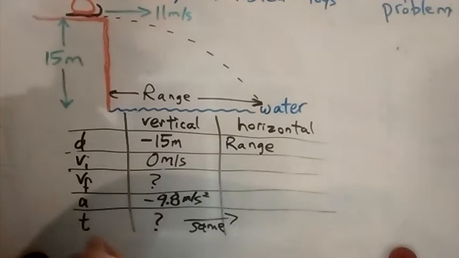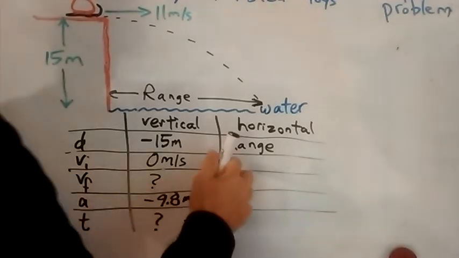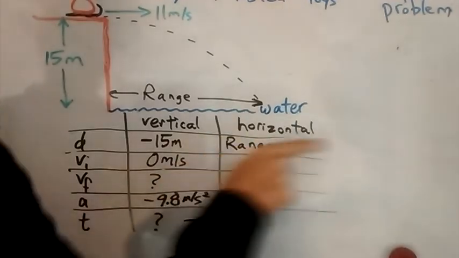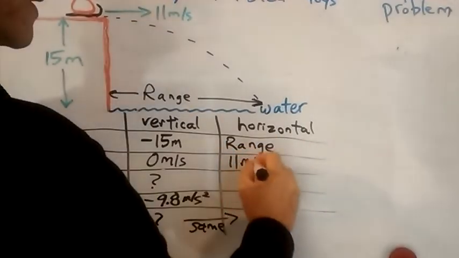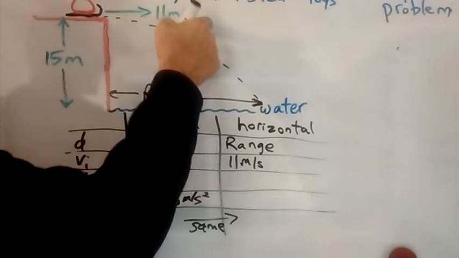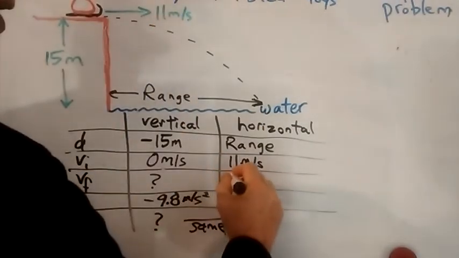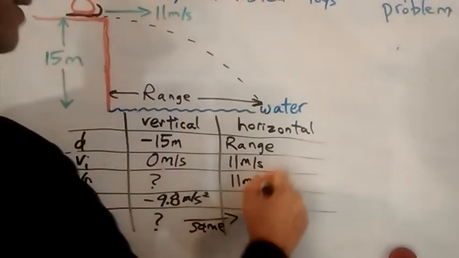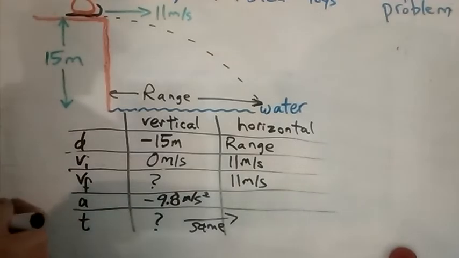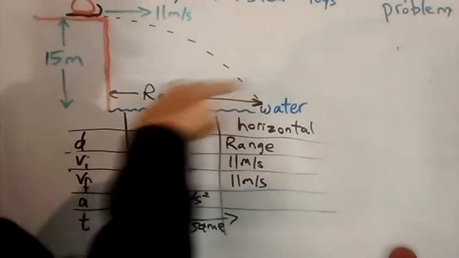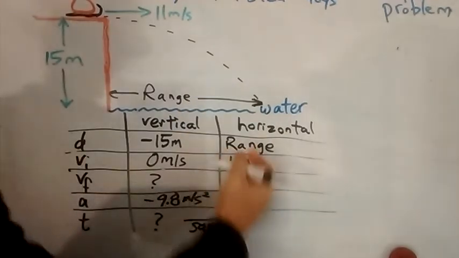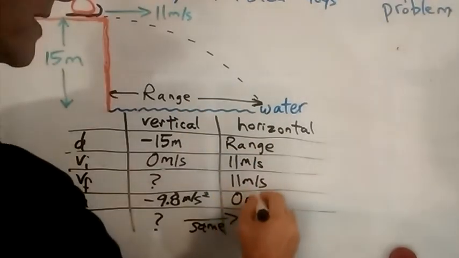And that would be one of the questions that they would ask. The vi in the horizontal direction, it's 11 meters per second when it left the cliff. And in projectile motion, that doesn't change. So it's still 11 meters per second just before the sled hits the water. And the acceleration in the horizontal direction didn't speed up or slow down. So it's 0 meters per second squared.